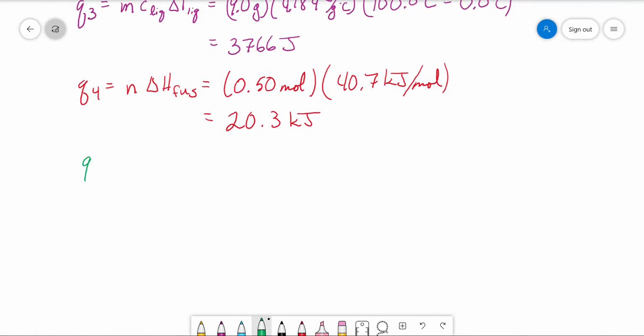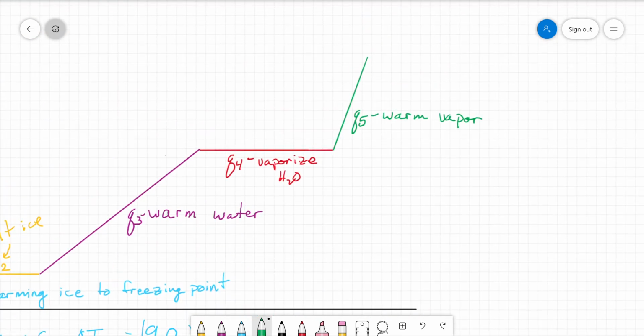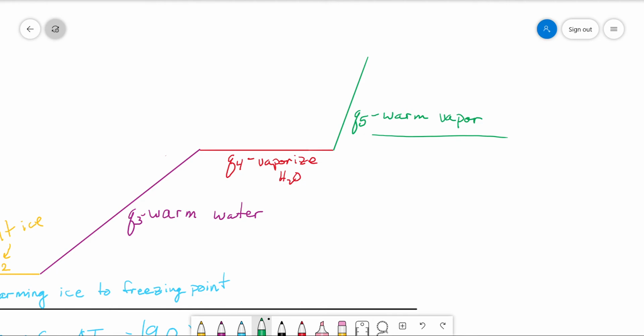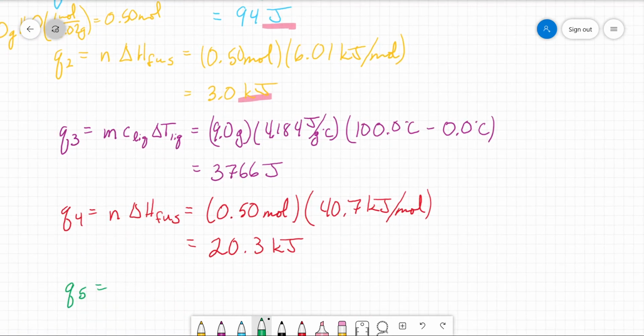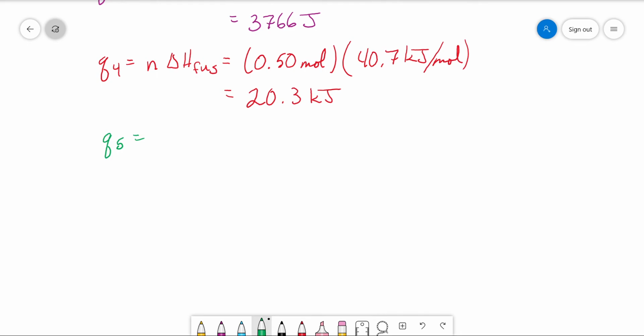And then Q5, going back up. Q5 is to warm up that water vapor. It's going to go from 100 to 125. So again, MC, we'll call this vapor, delta T of vapor. 9.0 grams times 2.01 joules per gram degree Celsius.